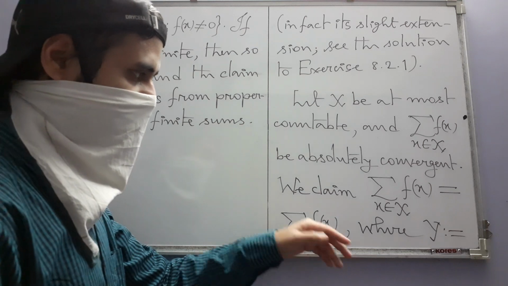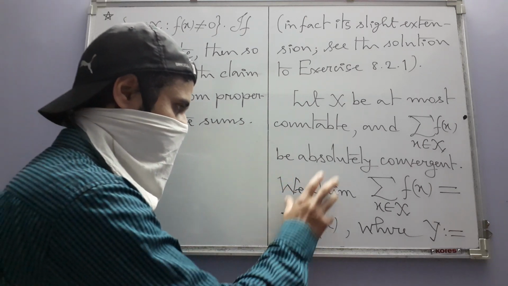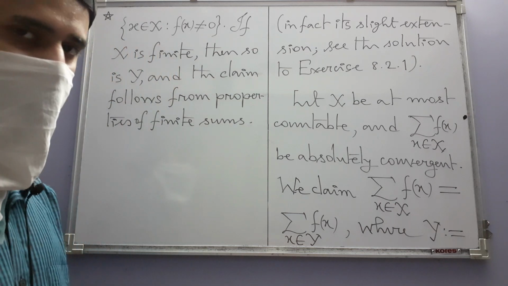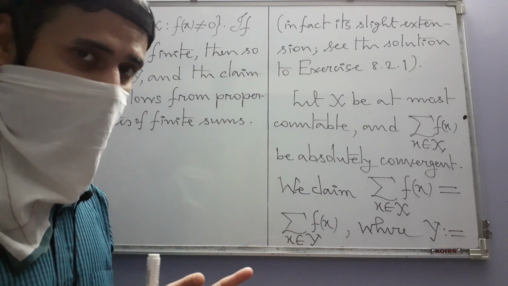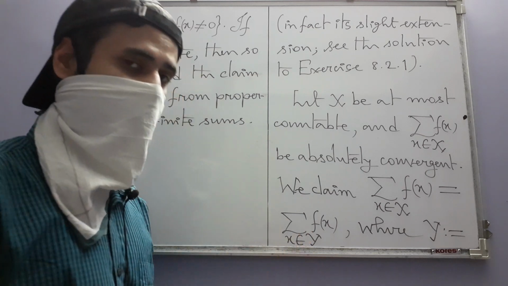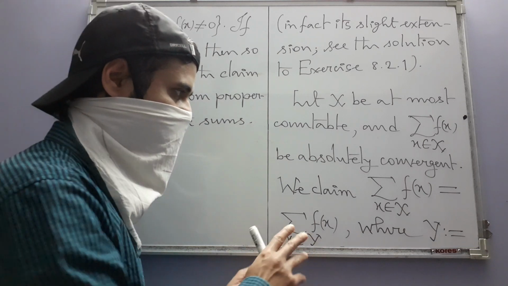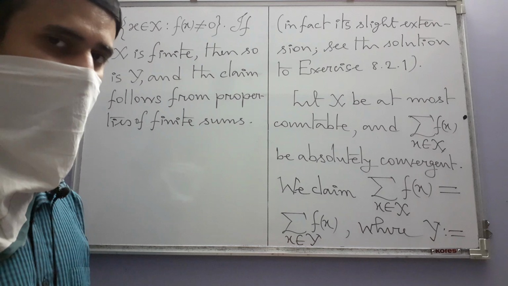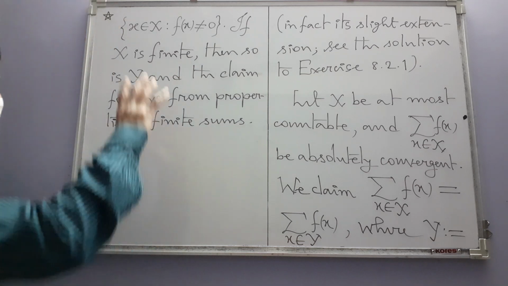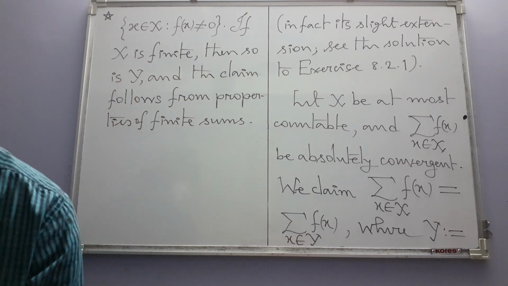And Y is precisely the set of non-zero values of f. So the two sums should be equal. It's just a thing that you feel should be true, but still actually needs to be proved. So that proof I leave to you. I won't even say what strategy you should use. You just come up with something on your own. So we leave this finite case behind and we move forward.